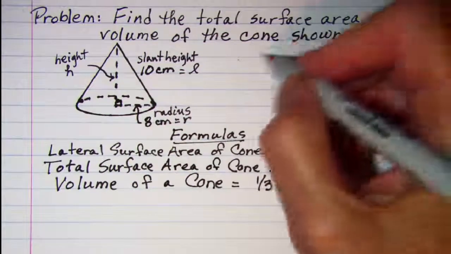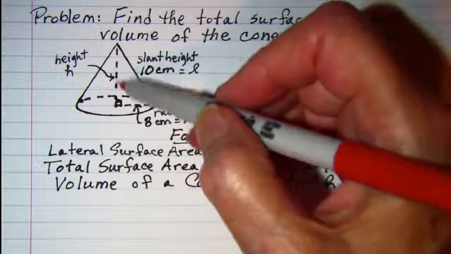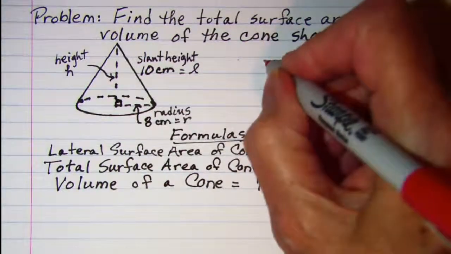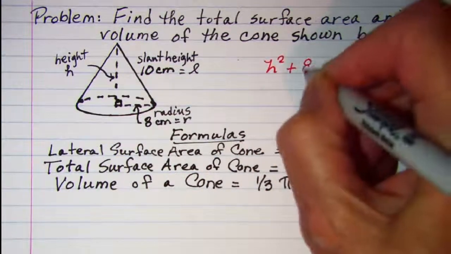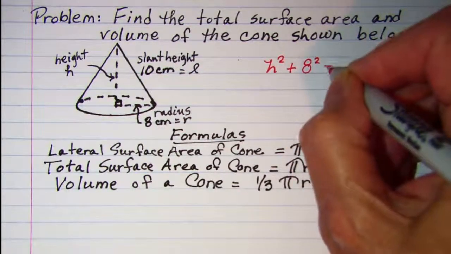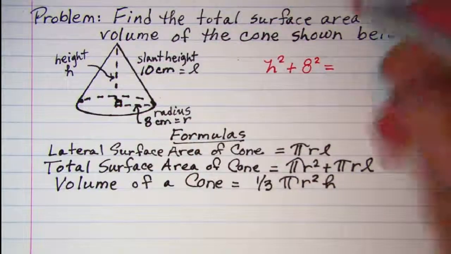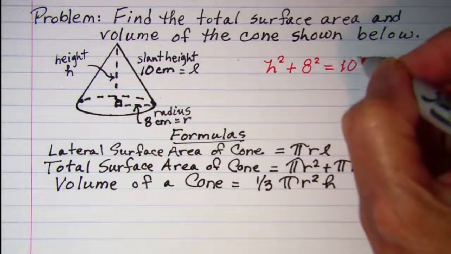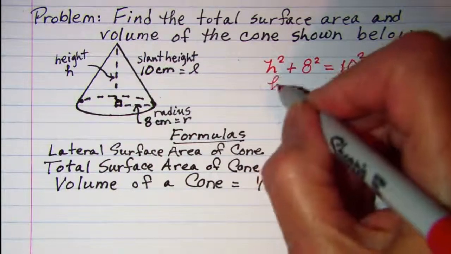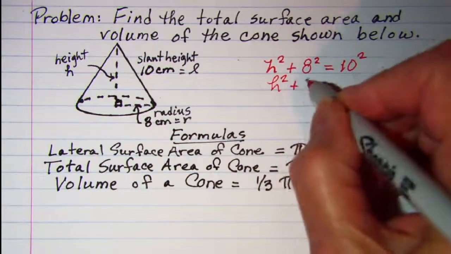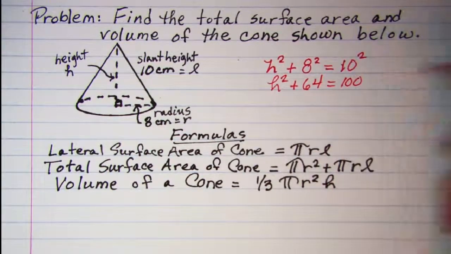We know that the squares of the legs added together, so h squared plus 8 squared, has to equal the square of the hypotenuse, which is 10 squared. So h squared plus 64 equals 100.